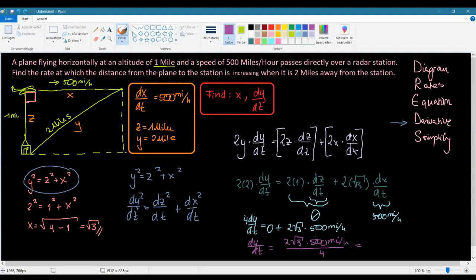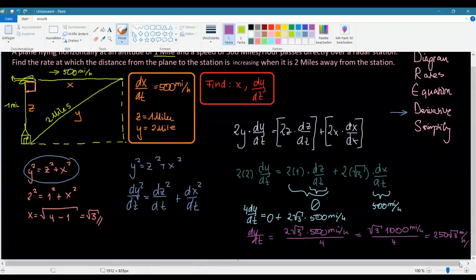Instead of doing that, you could leave the 4, just multiply it, and then you're going to end up with square root 3 times 1,000 miles per hour over 4. And then you can just divide the 1,000 by 4, which actually makes life a lot easier. And you actually end up with 250 square root 3 miles per hour. And that is our solution.